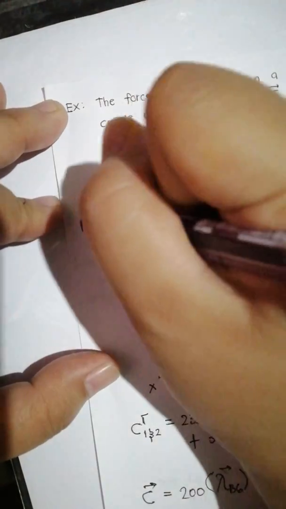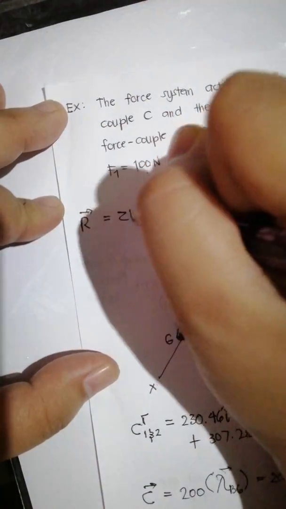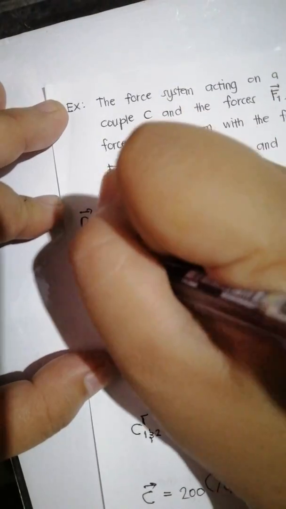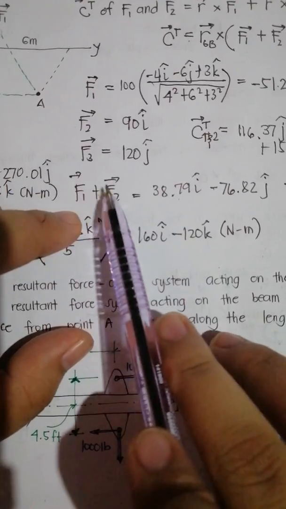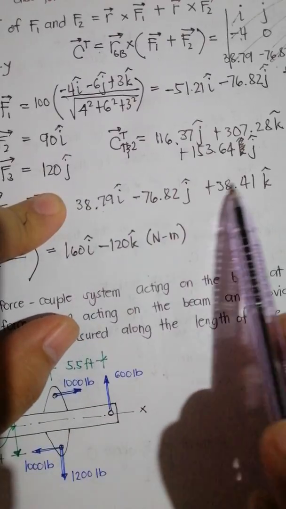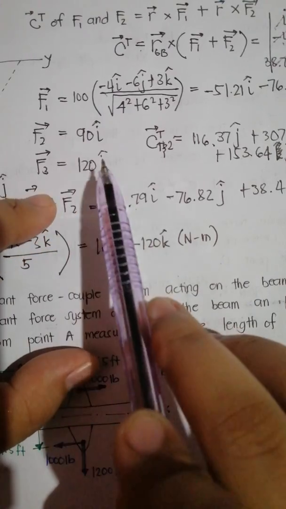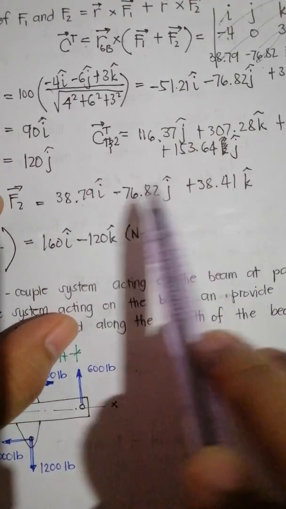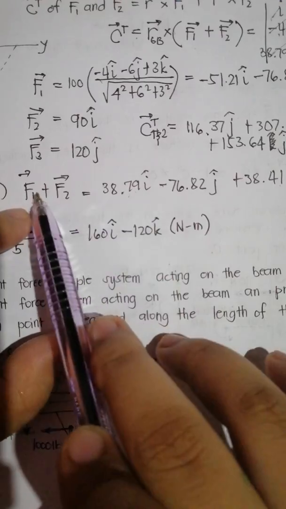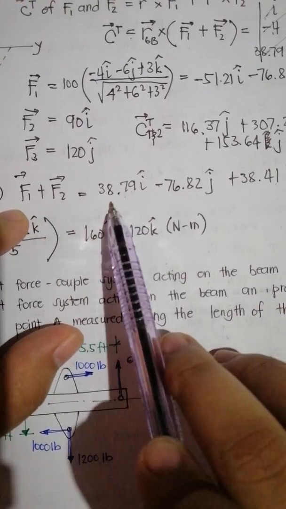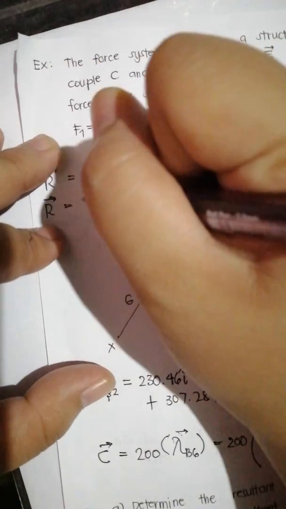Okay, for R, we'll just sum up all of the force vectors. So we'll just do it directly. So we already have F1 plus F2. So this one is what we will use to add to F3. So we'll just copy, since F3 only has J hat, doesn't have I and K hat. So we'll have the same for I hat, K hat. That's F1, F2. 38.79 I hat.